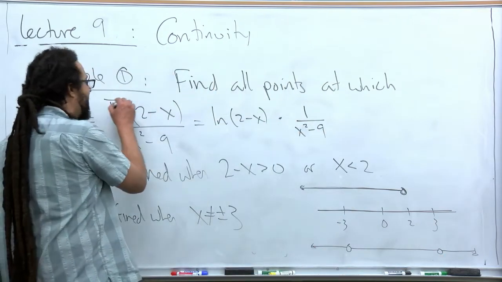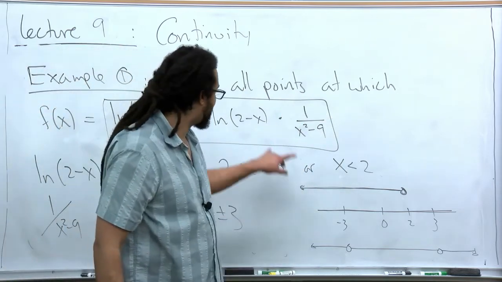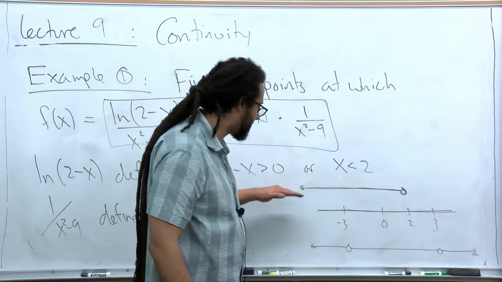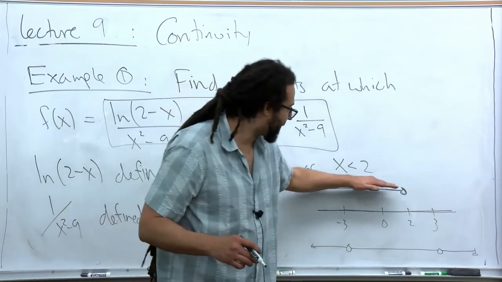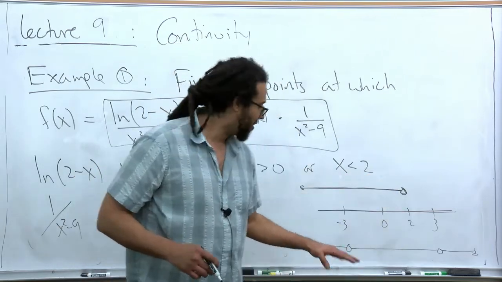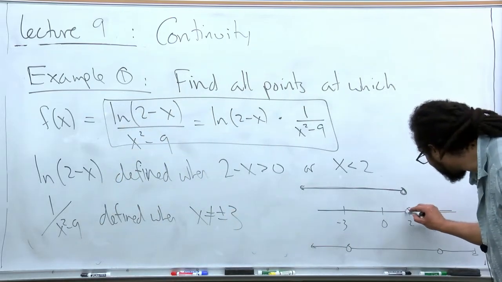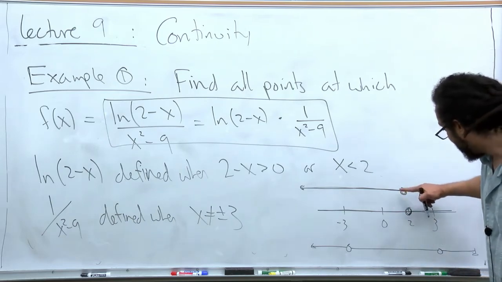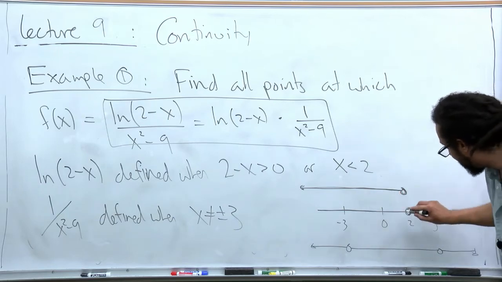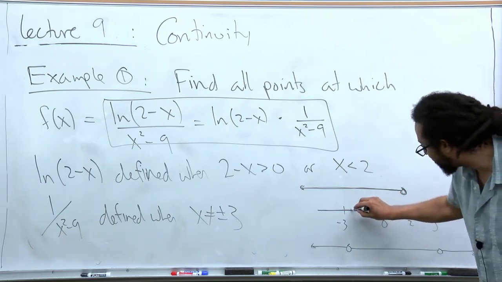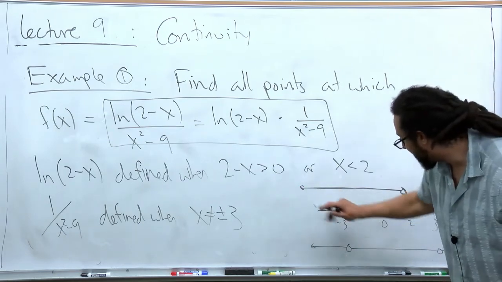Now what is the domain of the whole product, or the quotient? The top function is good here, the bottom function is good here, so the quotient is good at the common part of these two regions. Where do these two regions intersect? I've got an open circle at 2. We can read in x values all the way up until we get to negative 3. And then after negative 3, we've got more common parts.